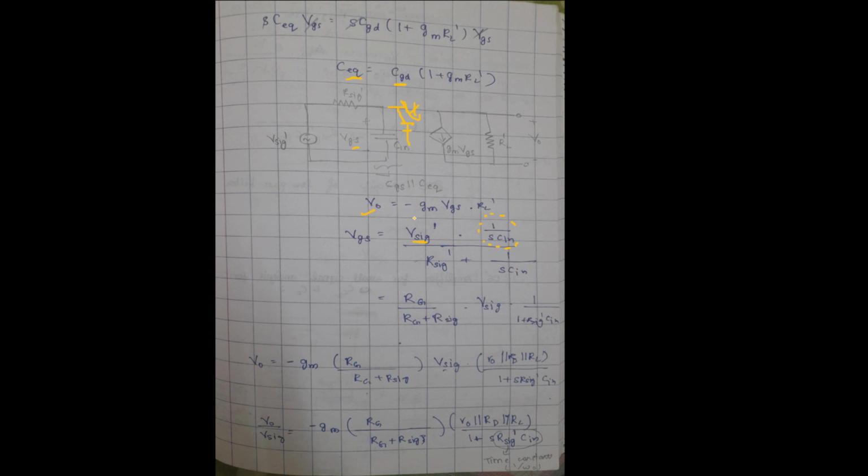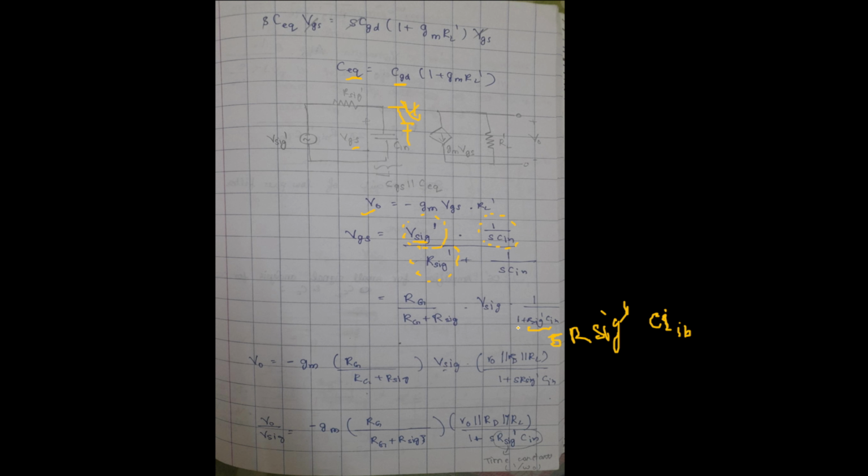So now V signal dash and R signal dash were not our original values. They were the simplified values we found using Thevenin's, right? So now let us substitute the original values of these things back. So we get Rg by Rg plus R signal into V signal, and this part remains the same, 1 divided by 1 plus S R signal dash into C input.